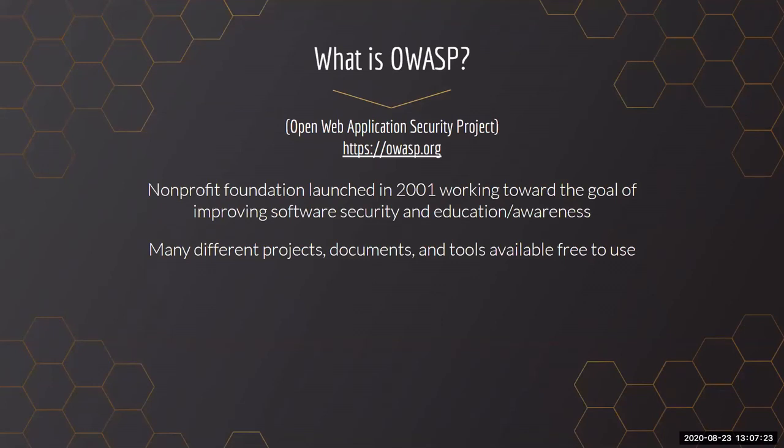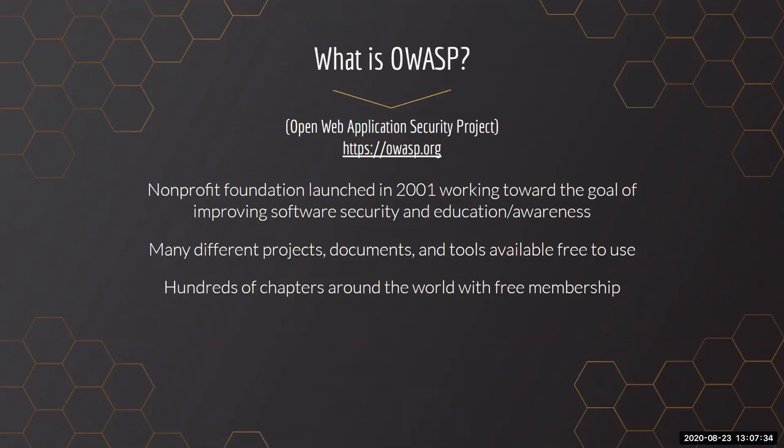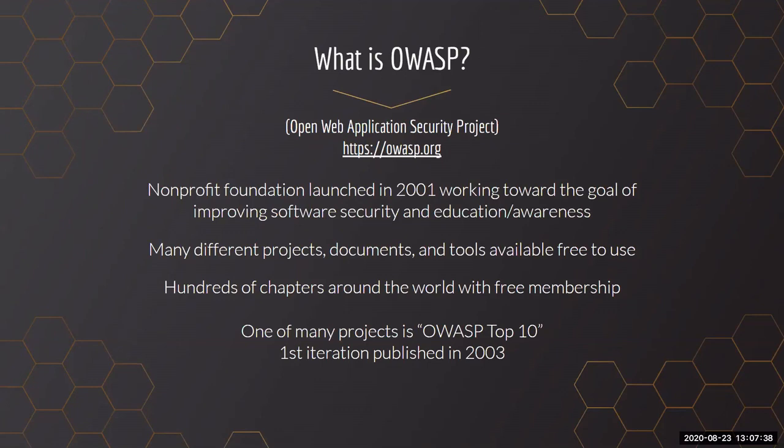They're really, really amazing. They have hundreds of chapters around the world where it's free to join, and you can go to these regular meetings with other like-minded security professionals and discuss these vulnerabilities and new vulnerabilities, and just talk about cool things. It's pretty interesting.